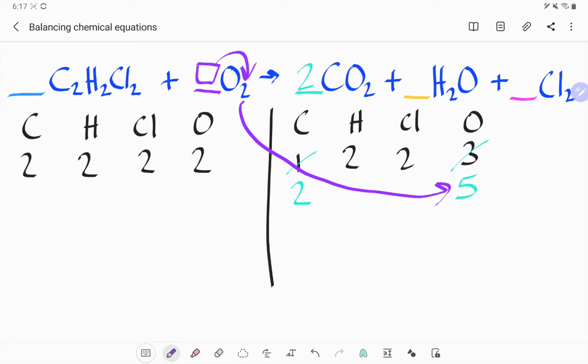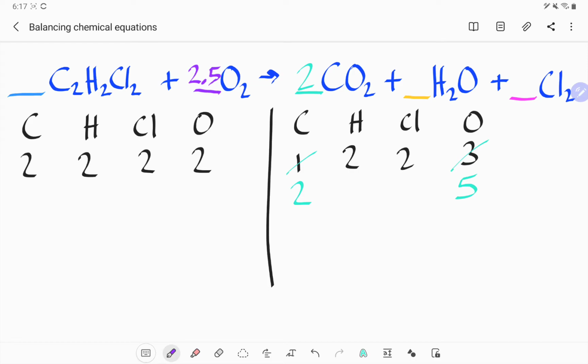And you might think, well, wait a second. There is no whole number that can be multiplied by 2 that equals 5. You might type it into your calculator and you might get 2.5. And that's fine. You can insert that, and then our equation is balanced.